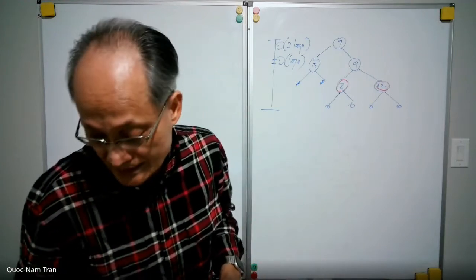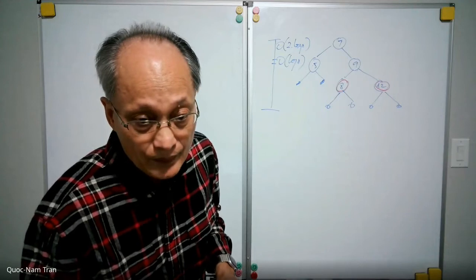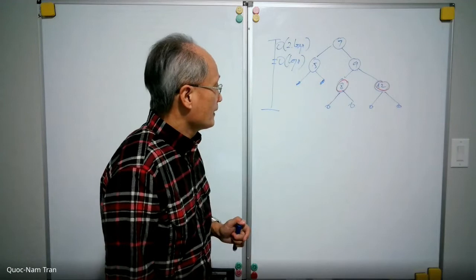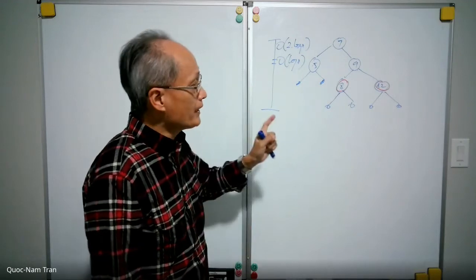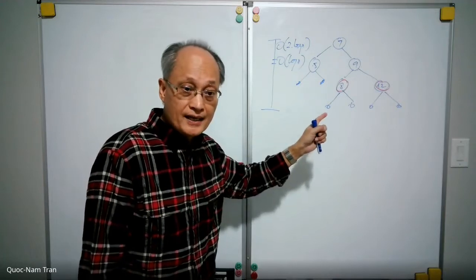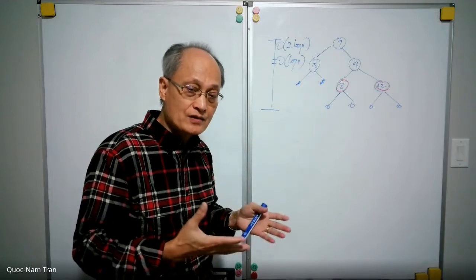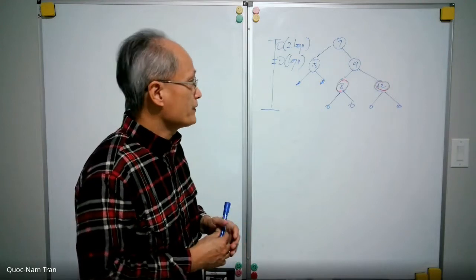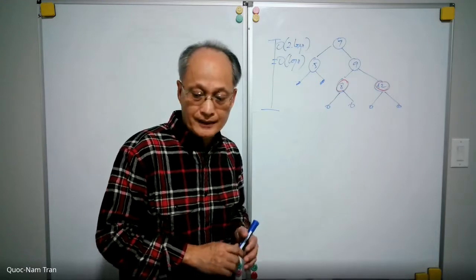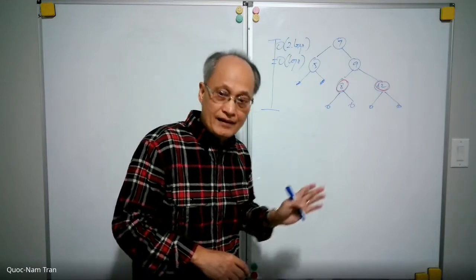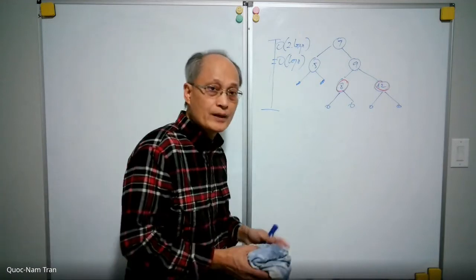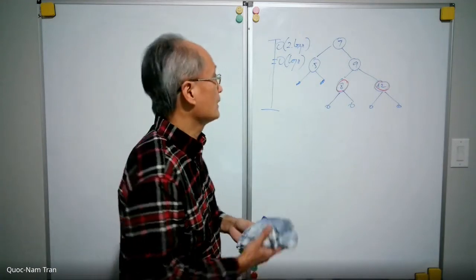Let's see the following examples. I will try to insert 11 into this tree first. And then after that, I will have a hands-on exercise to work with you for building up a red-black tree from scratch. So let's start with 11 first as an illustration for how we can add a new element into a red-black tree.